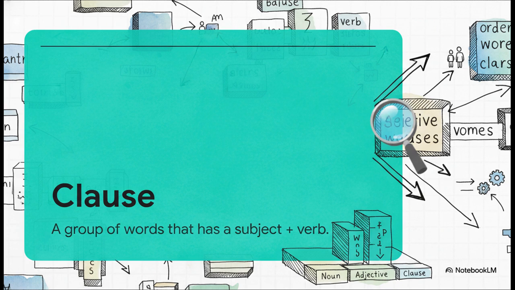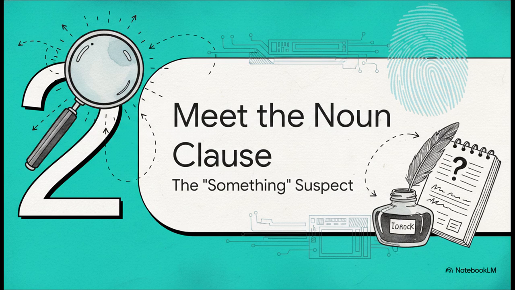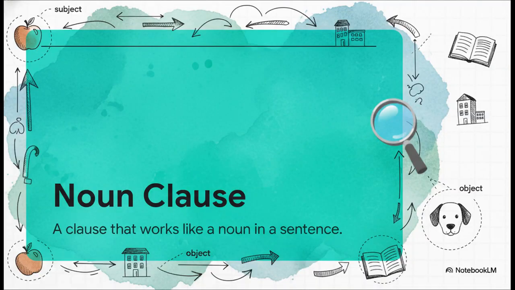Got it? Awesome. All right, let's bring in our first suspect, the noun clause. We're going to investigate what this thing is and what its job is inside of a sentence. A good way to think about it is as the something in a sentence. So, what is a noun clause? Well, simply put, it's a whole group of words that does the exact same job as one single noun.